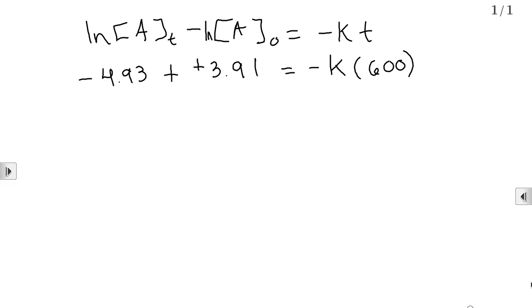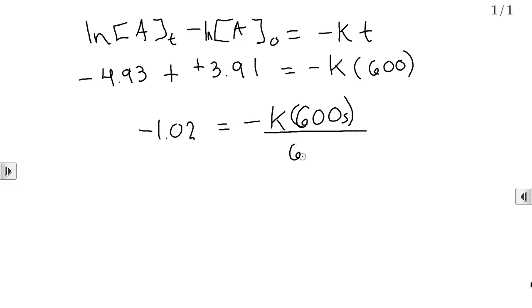Let's see what I got. I like adding. I can do that. Adding is fun. At negative 1.02. That was way easier than I needed to use. I didn't need to use a calculator for that. Is equal to negative k times 600 seconds.